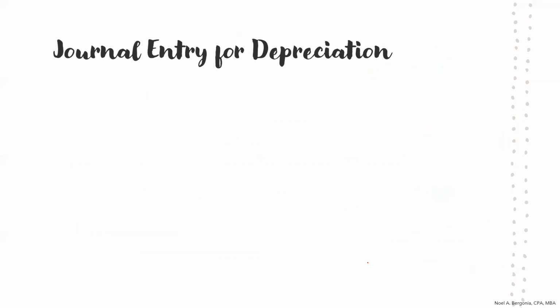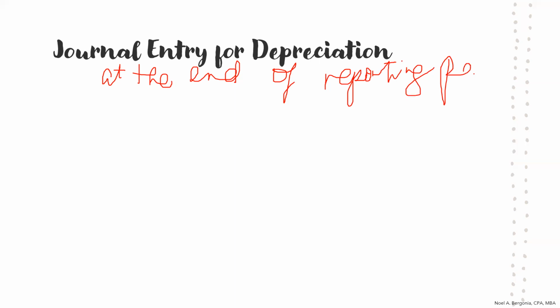Remember class that the adjusting entry will be prepared when? Very good. It needs to be prepared at the end of the reporting period. Okay? At the end of the reporting period. So it could be the end of the month, it could be the end of the year, or end of the quarter, or whatever is the reporting period.